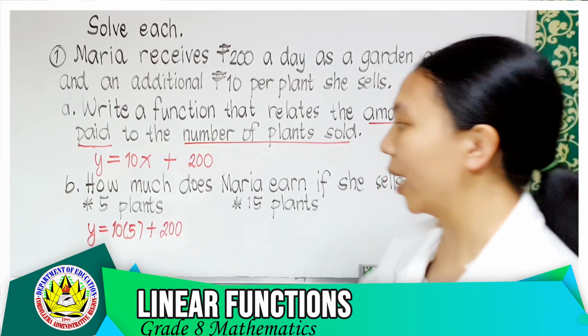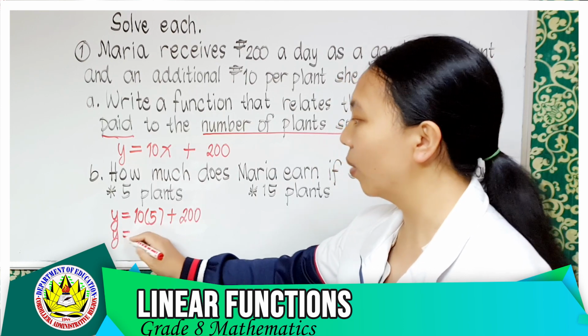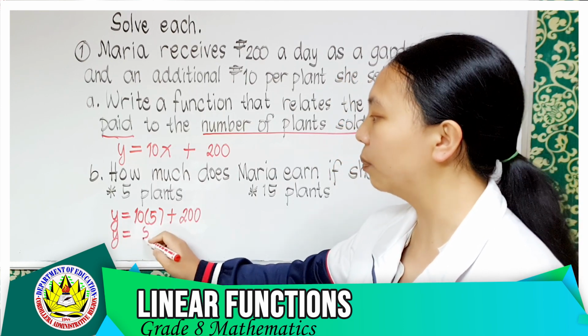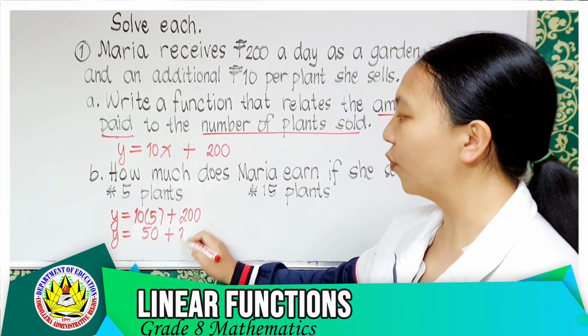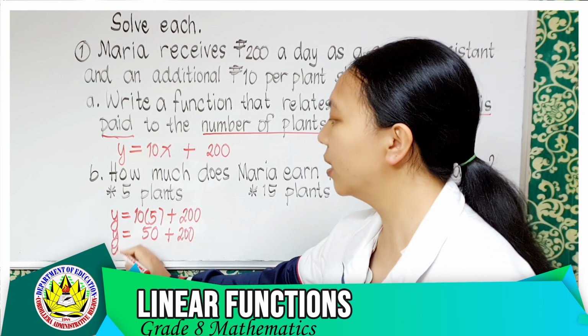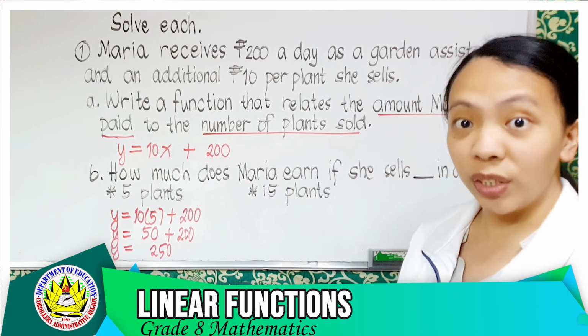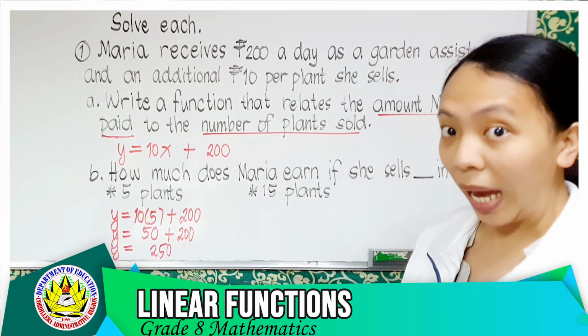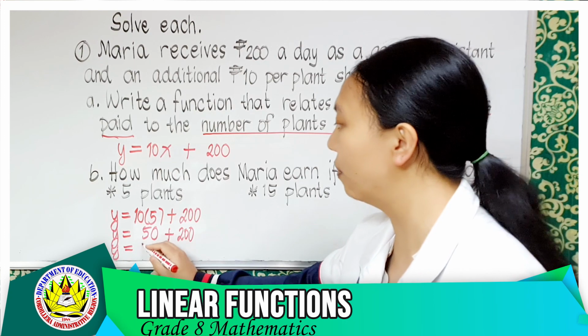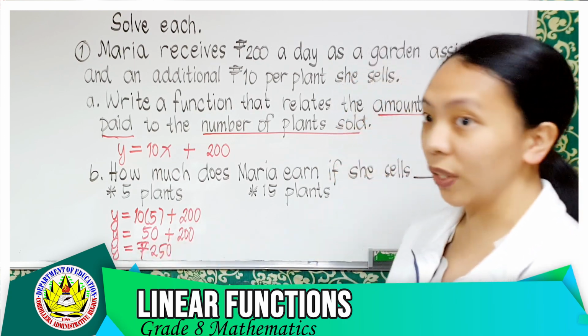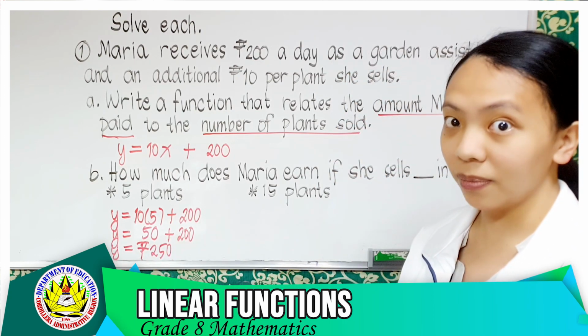Let's simplify. y is equal to 10 times 5, which is 50. 50 plus 200 is equal to 250. If she would sell 5 plants, she would be receiving 250 pesos for that day.